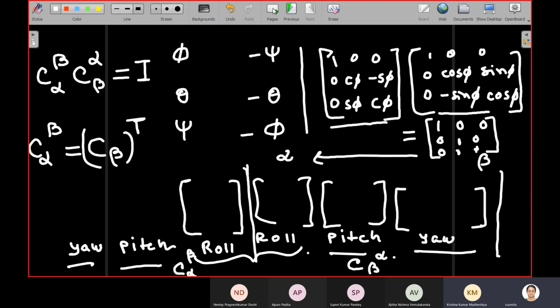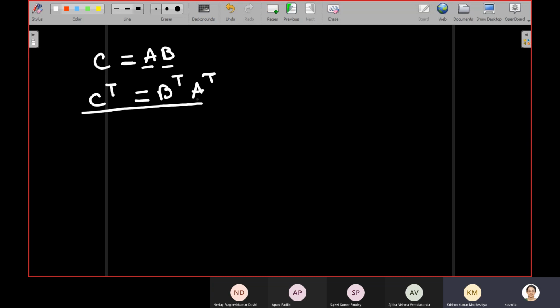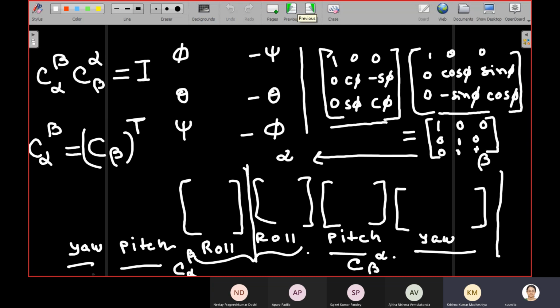And you also know that if you have a matrix which is the product of two matrices, its transpose is B transpose A transpose, correct? So we need to take the transpose of each matrix and then multiply them in the opposite order, right? This is how we take the transpose of a product matrix. And this is what we are actually doing on the left side here.